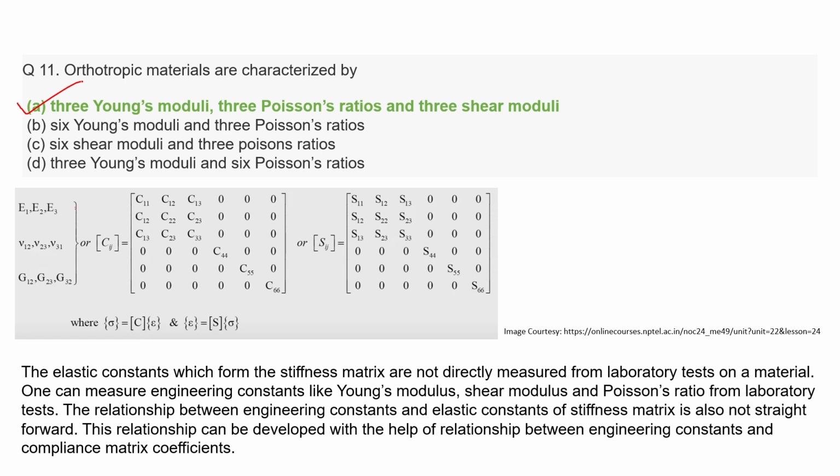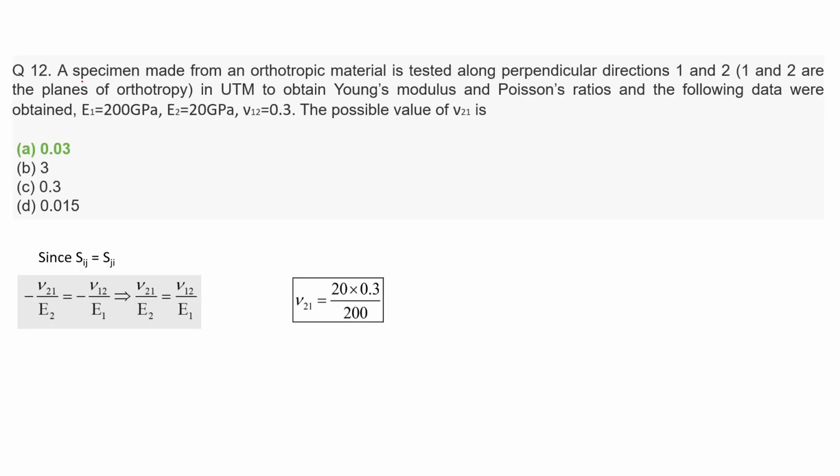The engineering constants we use are Young's modulus, Poisson ratio, and shear modulus, in all three directions, so there will be 3 of each. These values can be found by experiments and testing using a UTM. In the class I have already shown a UTM. Maybe after these questions are solved, I can show you also. Okay, so this will be the answer.